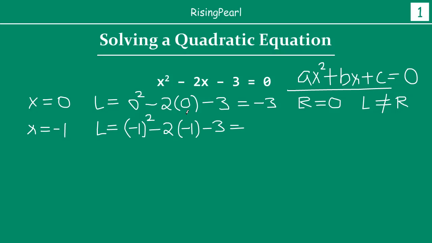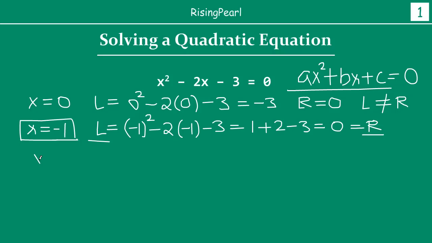Now minus 1 squared is 1 because minus minus will become plus and 1 squared is 1. Minus 2 times minus 1 is plus 2. And minus 3 is here. 1 plus 2 is 3 minus 3 is 0, which is actually indeed equal to the right hand side. So the left hand side value is equal to right hand side value for x equal to minus 1. So this is an interesting observation.